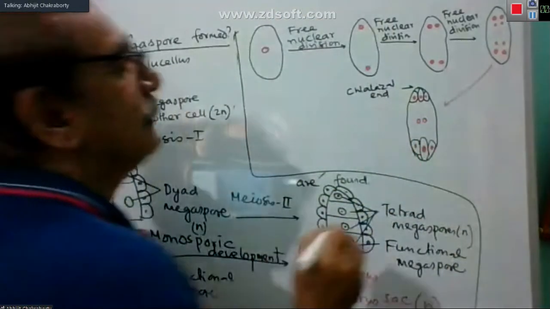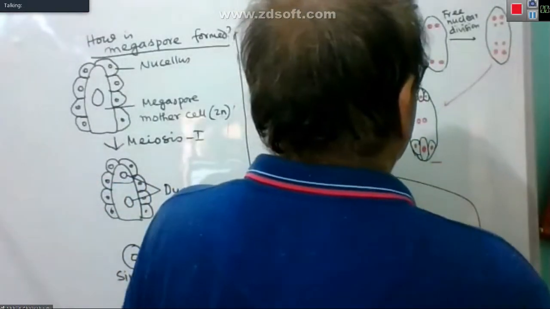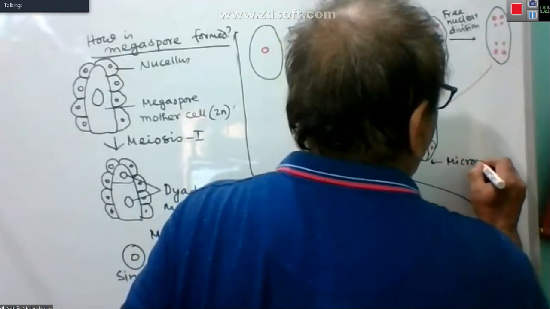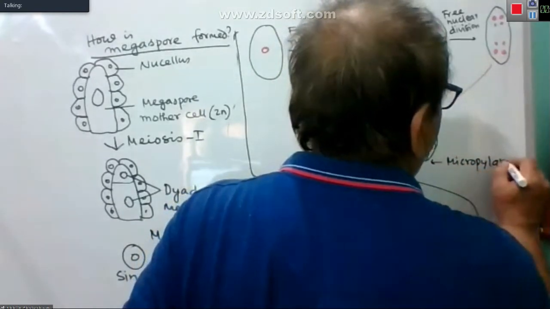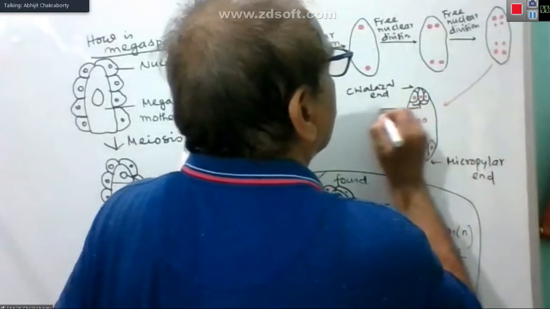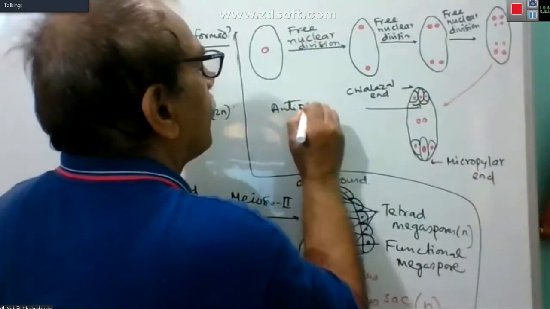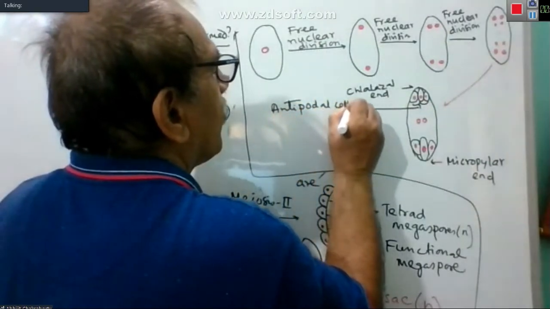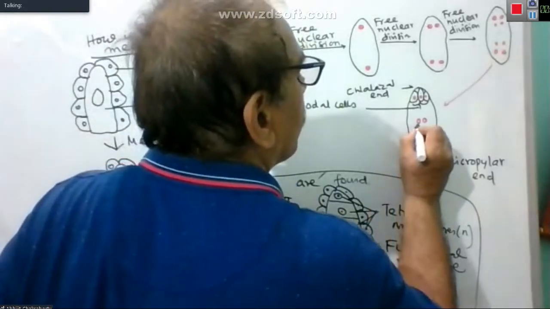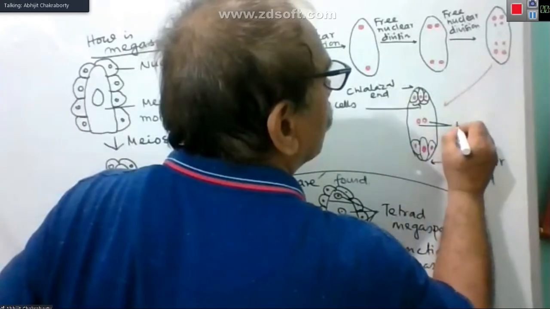Now this is the arrangement. So here these three are called antipodal cells. These two cells are called, these two nuclei are called polar nuclei.